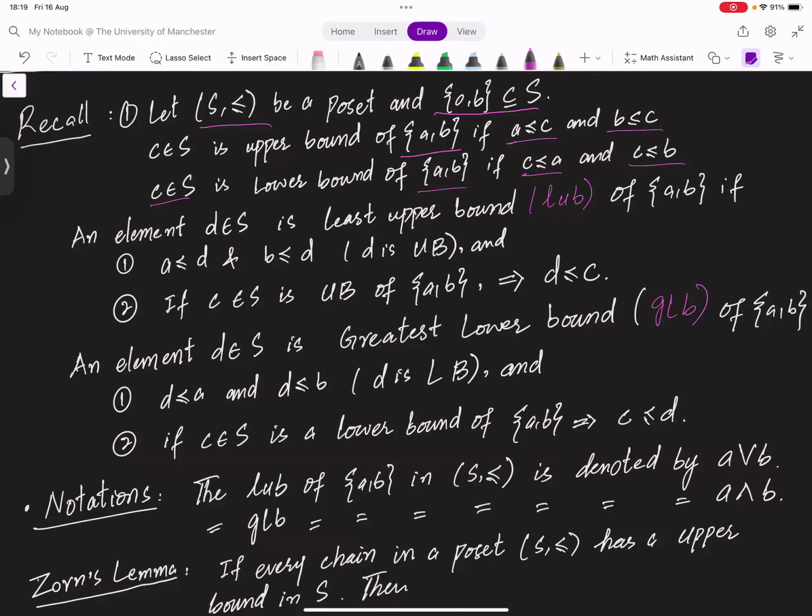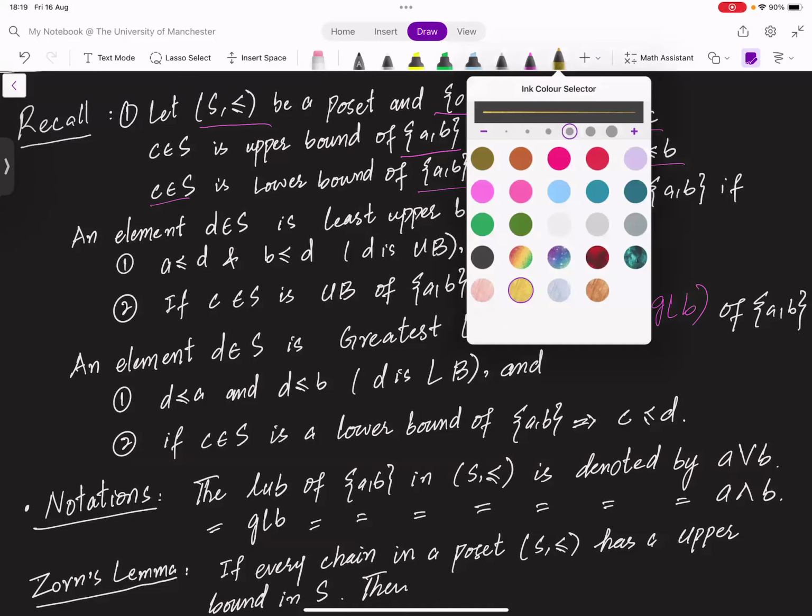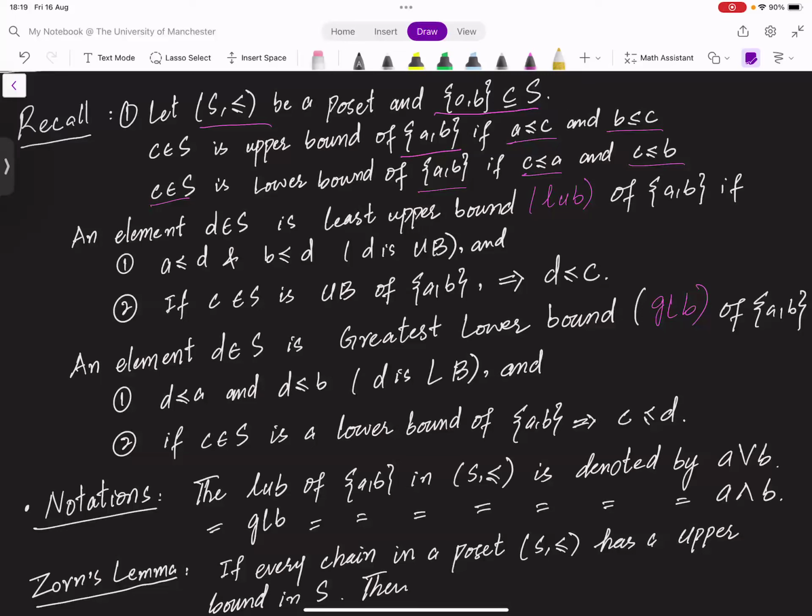And then we can also say that an element D inside S is the least upper bound, which we call LUB, of this subset if, number one, D is an upper bound, for which we have these two conditions, and number two, for C in S which is an upper bound of this subset, we have D less than or equal to C. Then it will be a least upper bound.